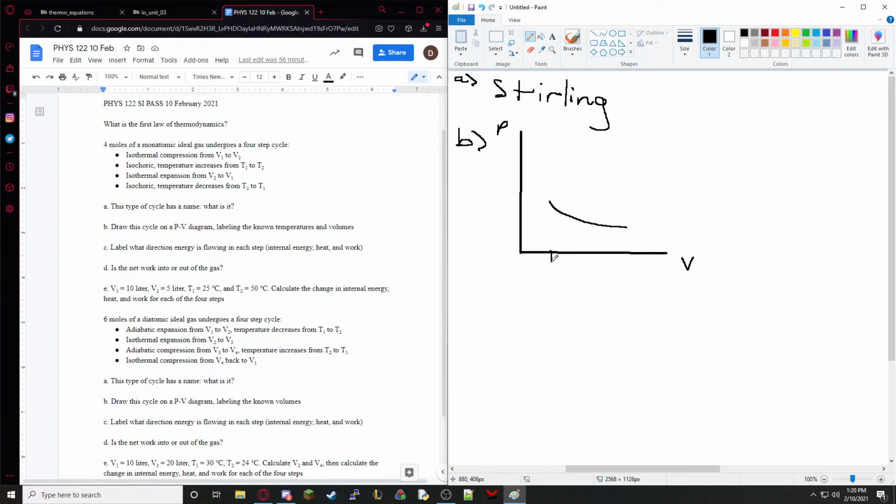Which of these spots is V2 and which is V1? We're going right to left because it's a compression, so the volume decreases. Exactly. So the first step goes right to left, from V1 to V2.